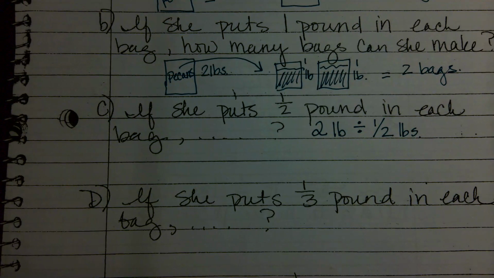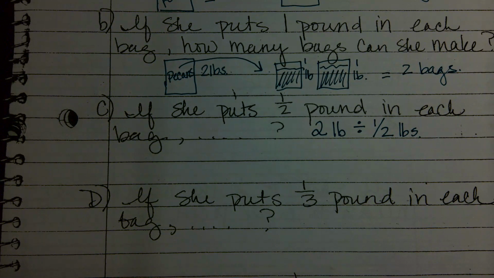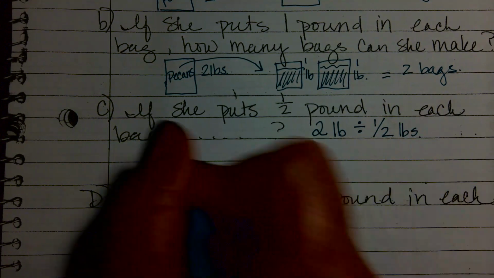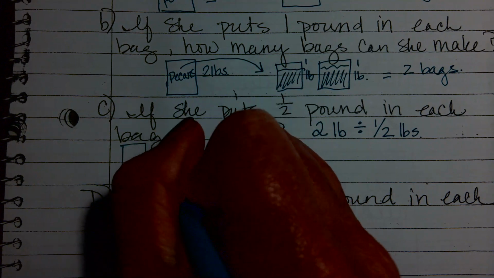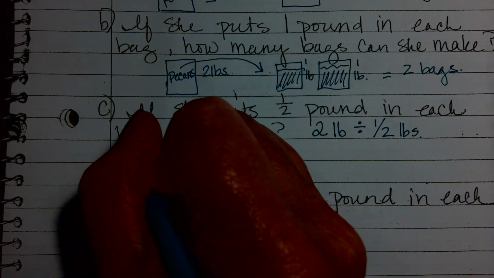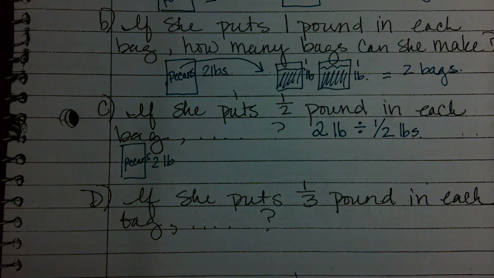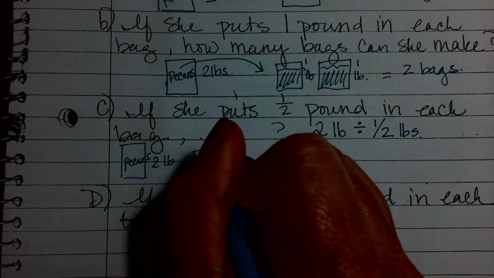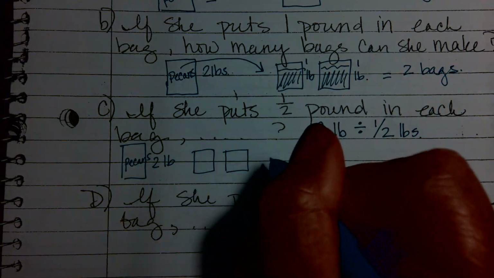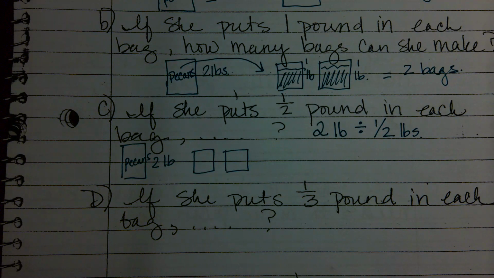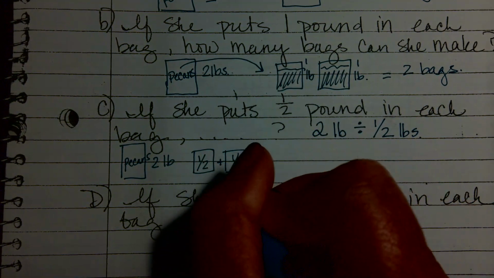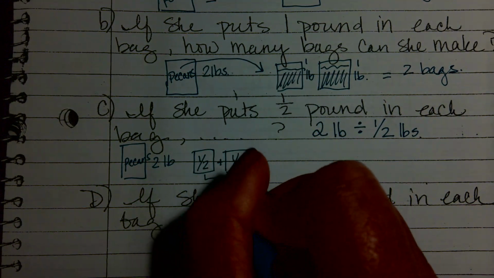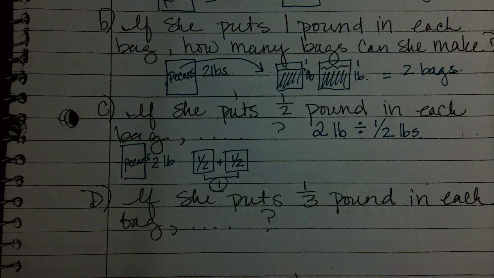All right, so let's just quickly draw a picture of this. So here is that 2-pound bag of pecans. And now we're going to make 1/2 pounds. Well, how many halves does it take to make one? Well, if this is a 1/2 plus another 1/2, that is equal to what? 1 pound, right?